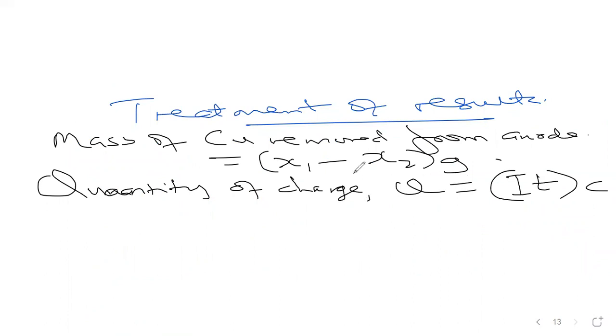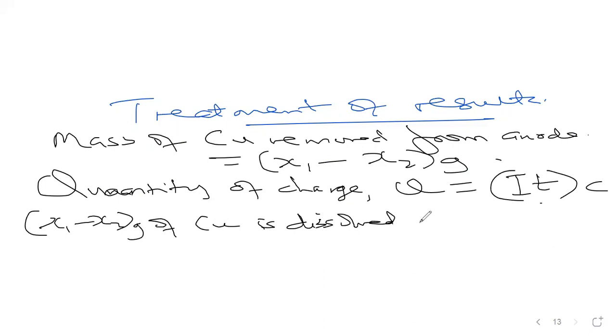So this mass of copper is removed by this quantity of charge, and all that mass is the mass that's going to be deposited at the cathode. So we say X1 minus X2 grams of copper is dissolved by IT coulombs of charge.